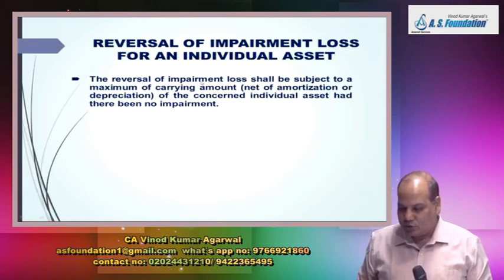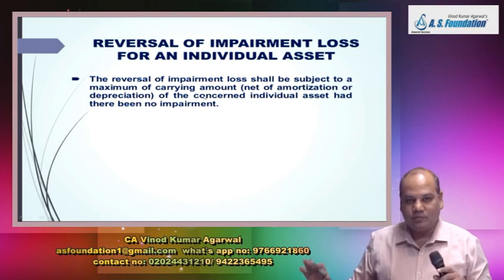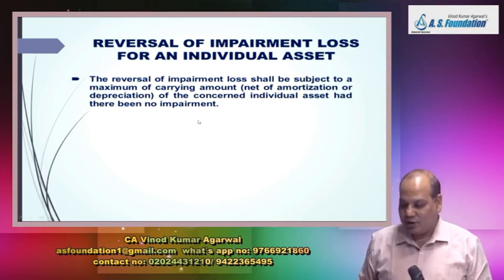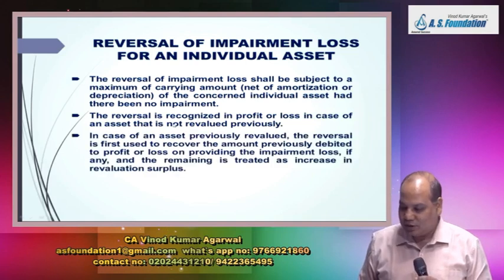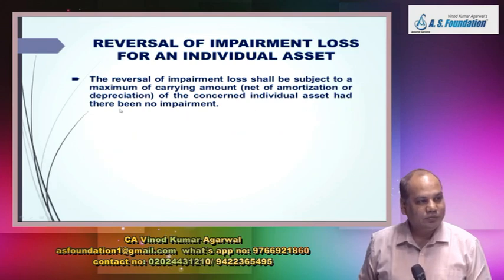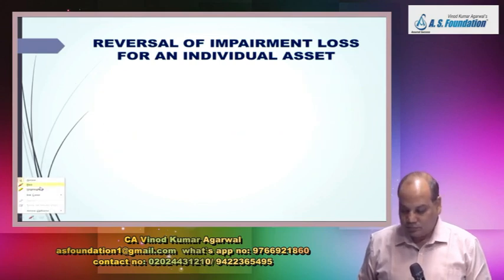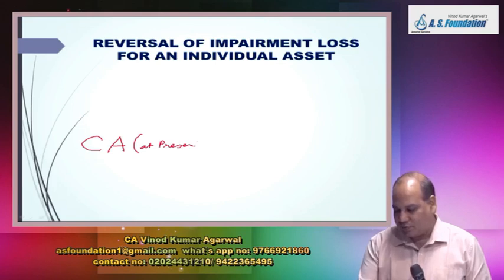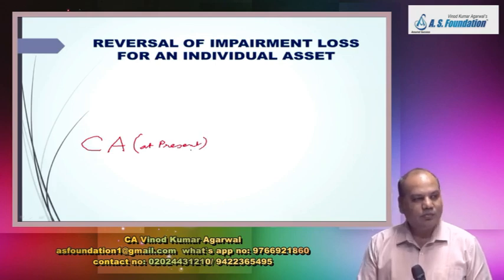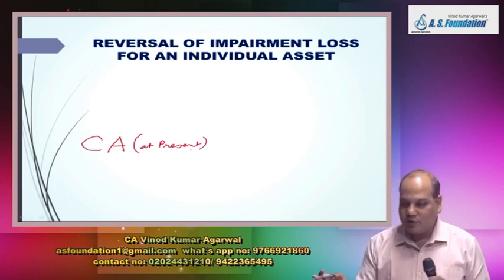So now what you do, once you get the indication, sit down calmly and again calculate 3 numbers. Which 3 numbers will you calculate? Carrying amount at present. Present carrying amount. That means up to the date of reversal, find out what the book value is.